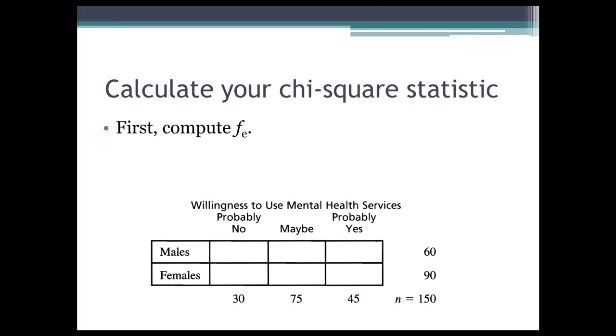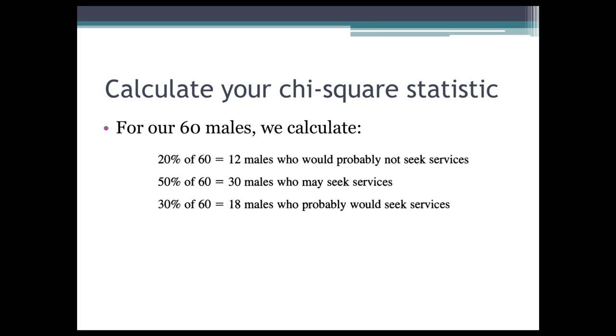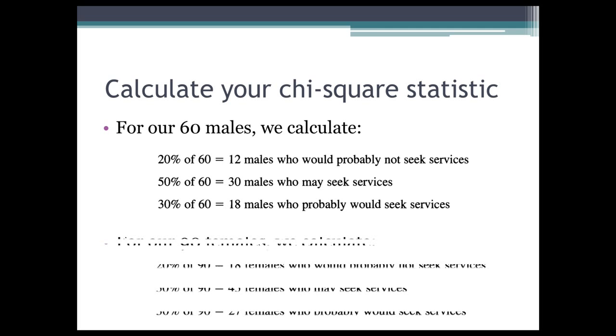Okay, let's go ahead and calculate. We first compute our F sub E, our expected frequencies. We need to fill in this box based upon our observed frequencies. For our 60 males, we calculate 20% of 60 equals 12 males who probably would not seek services, then 30 males may seek services, and then 18 males would probably seek services.